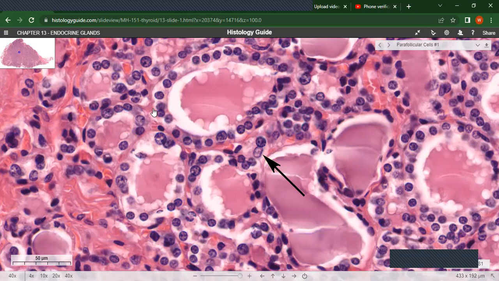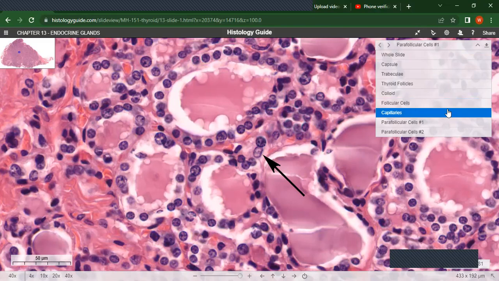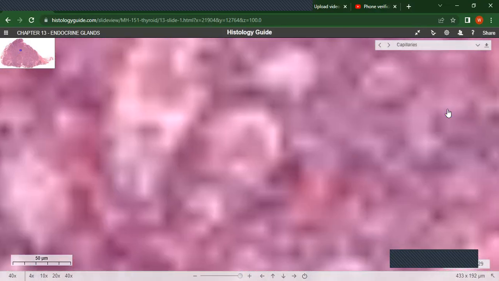And I want you to see how highly vascularized this gland is. This is a capillary. This is a capillary. There are very many capillaries. Let me show you another cluster of capillaries.